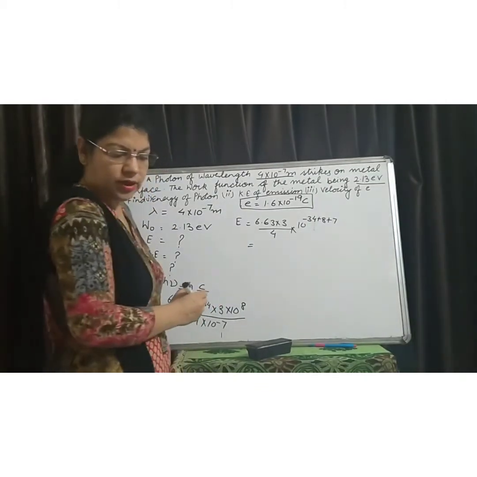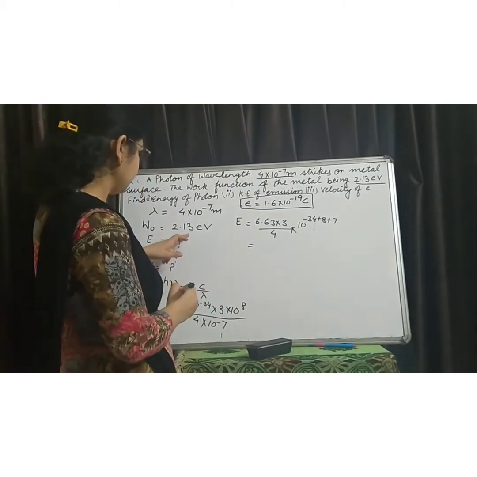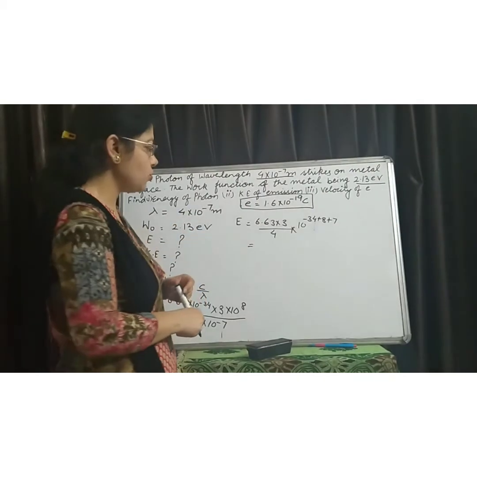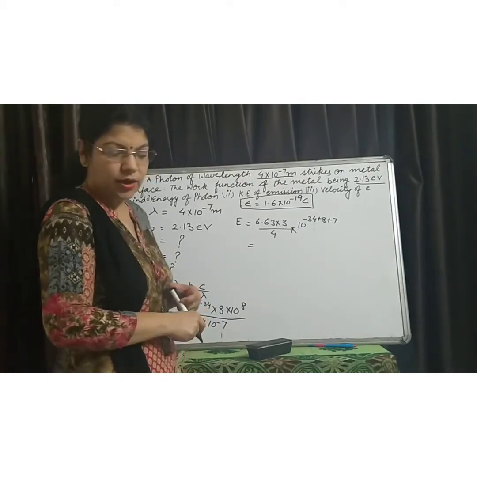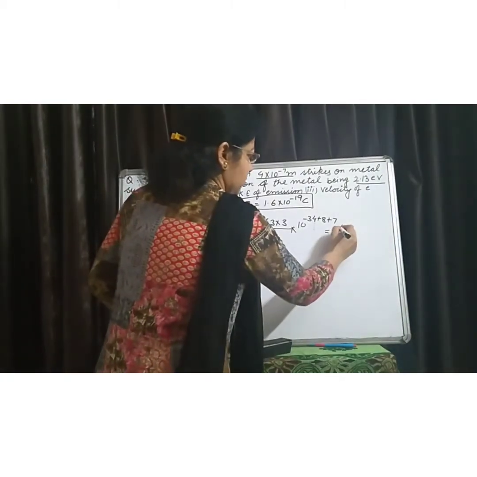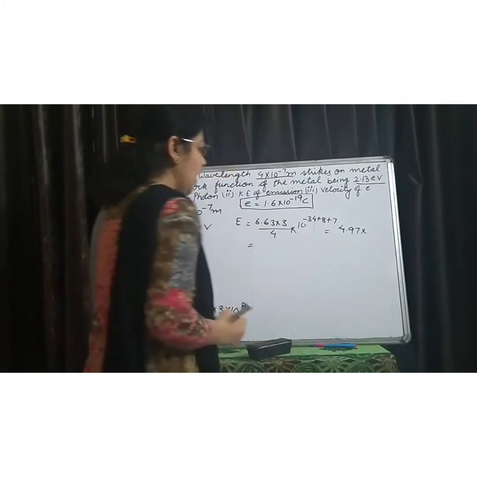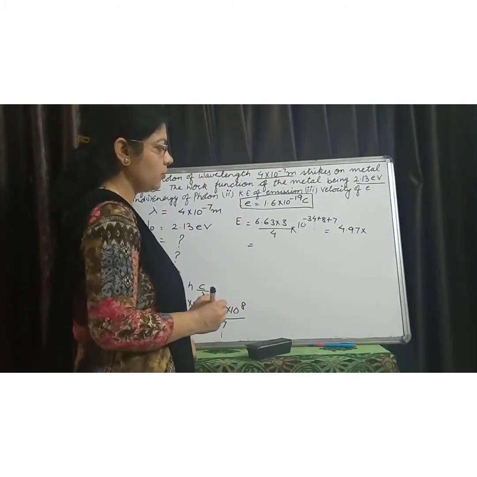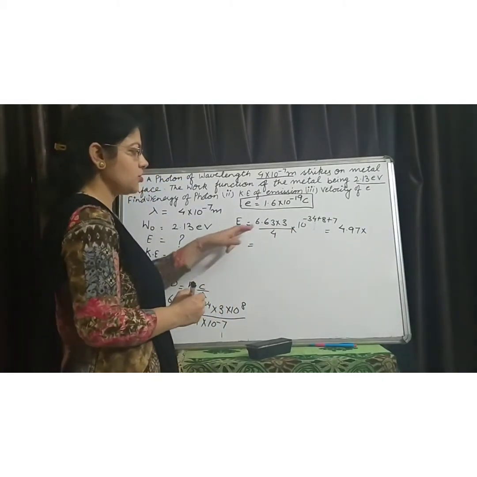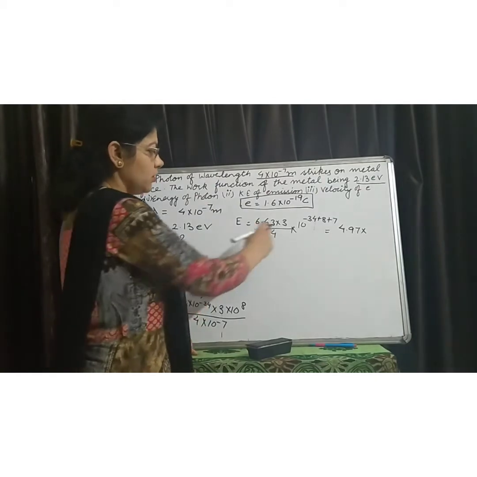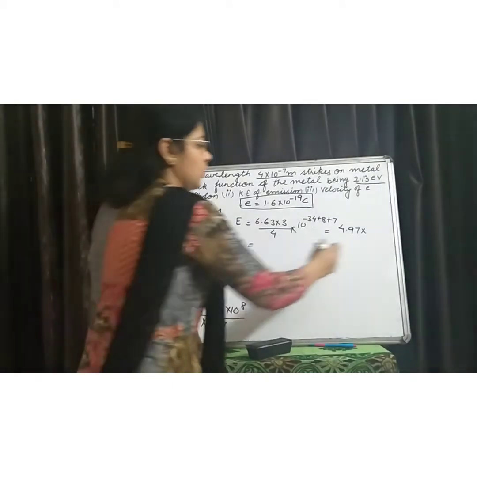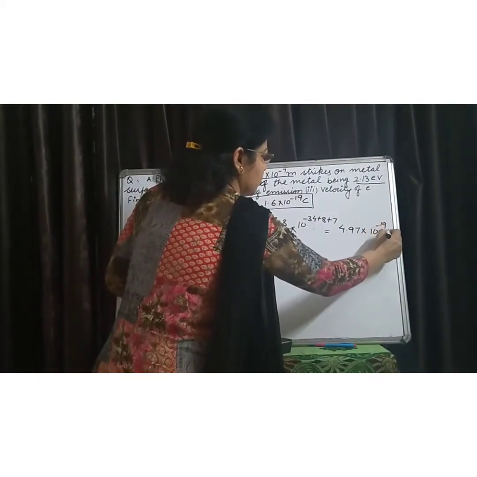This value of the energy is in joule, but the work function is given in electron volt, so we have to convert this energy into electron volt. We have to divide this energy by the charge on the electron. When you solve this, this is about 5 × 10^-19 joule.